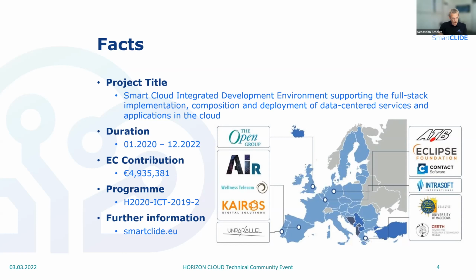You can see the contribution, around 5 million euros, funded under Horizon 2020 ICT 2019-2. And on the right side, you can see our consortium, 11 partners distributed all over Europe. I think that's a quite nice mixture, and for further information you can look at our website.